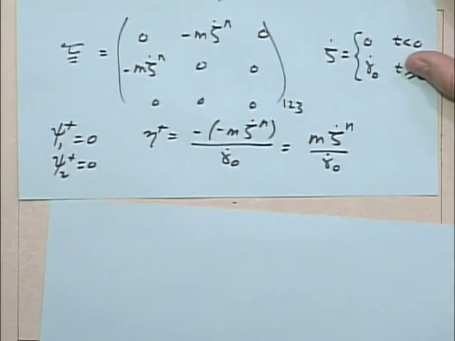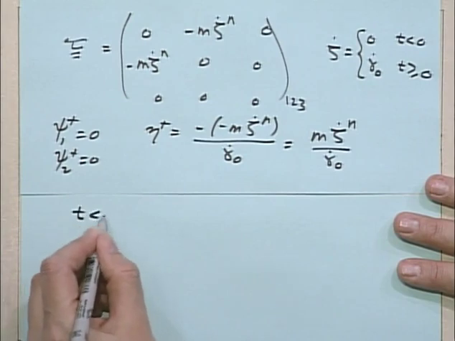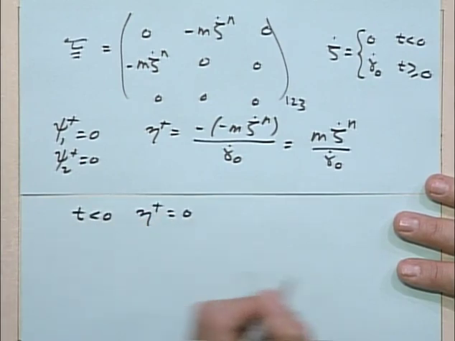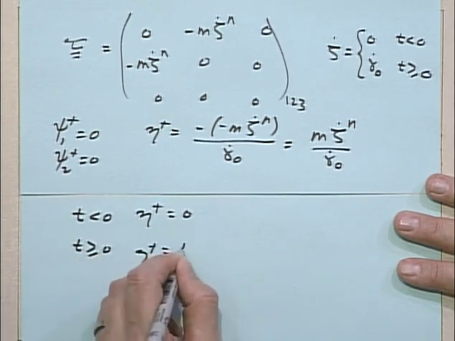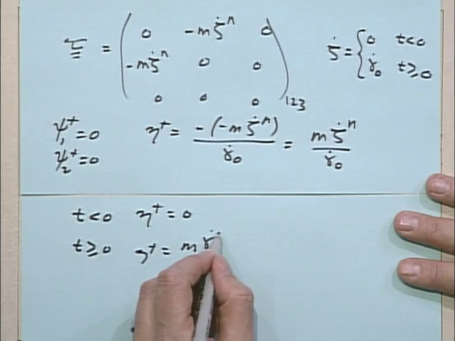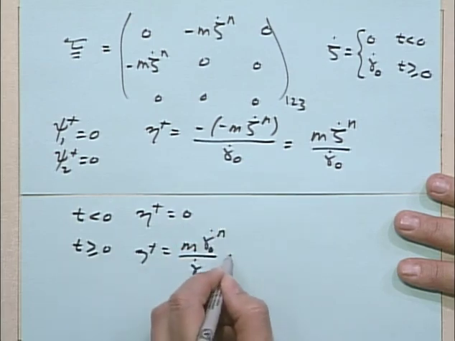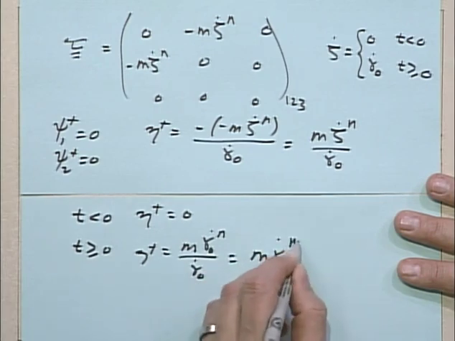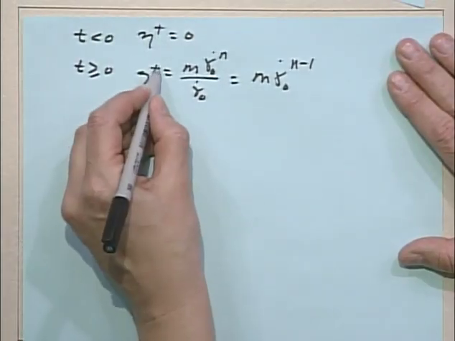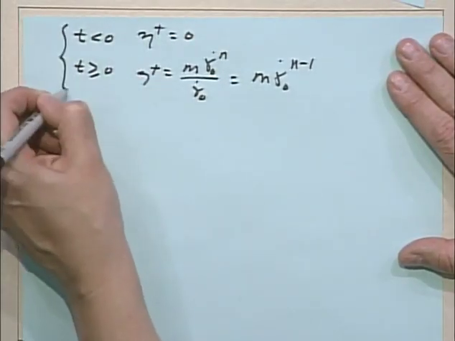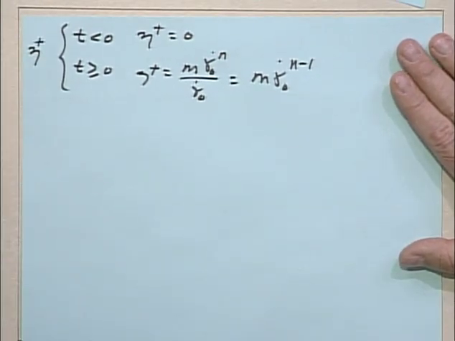If we plug in what sigma dot is equal to, we have to break it up. At t less than 0, that must mean eta plus is 0. And at t greater than or equal to 0, eta plus is equal to m gamma dot naught to the n over gamma dot naught, or m gamma dot naught to the n minus 1. So this is our answer for eta plus as a function of time and shear rate.